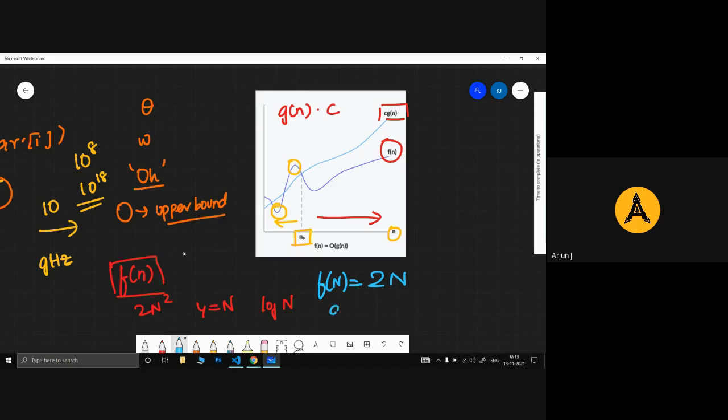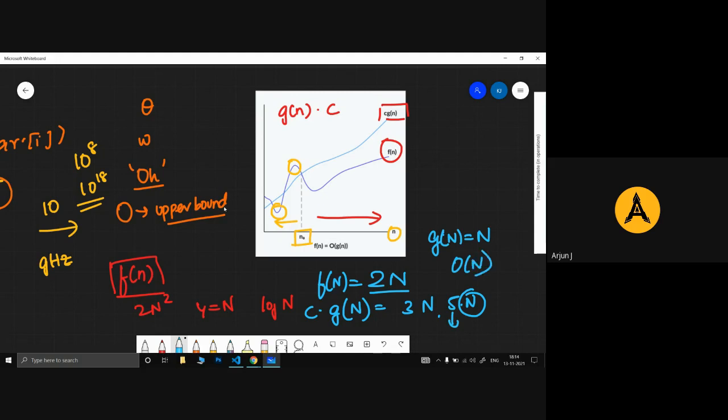We must find the smallest g of n such that when multiplied by some constant, it is always greater than 2 into n. We can simply take it as 3n or 5n, anything. So here c is going to be 5 and g of n is going to be just equal to n. So we say our algorithm runs in O of n time complexity.